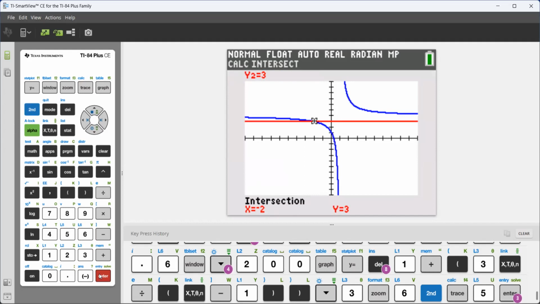Oh yeah, so my solution x is -2. Wow. And that's it. So my solution is -2. So that is how you solve these by graphing.